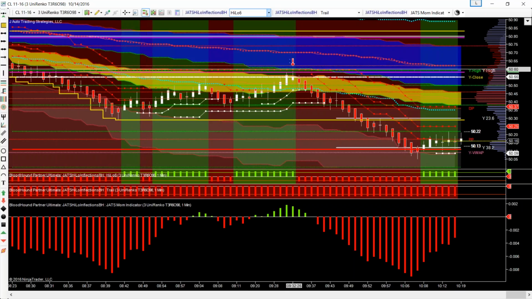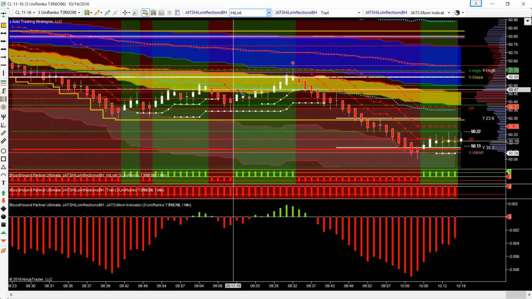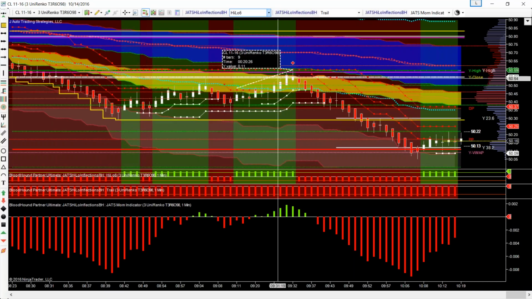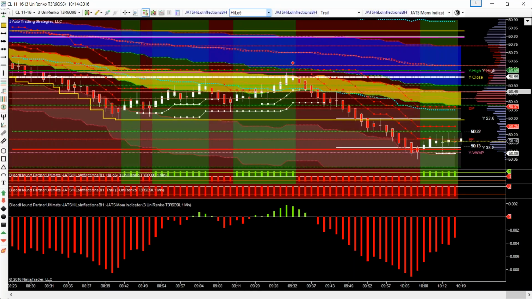Your stops here, let me move that arrow, your stops here above the volatility band, you never would have stopped out, but you would not have had to take the heat on that retracement. You could have gotten out very close.